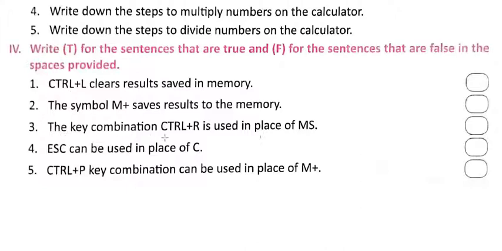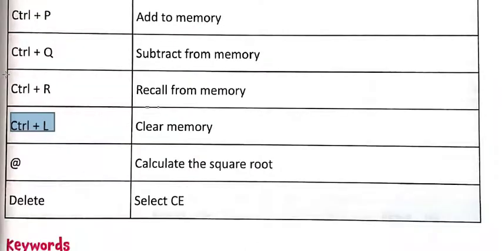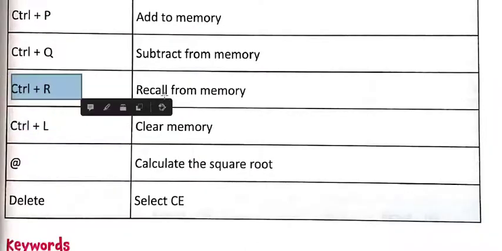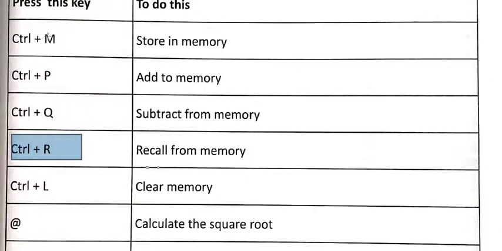Next, question number 3. The key combination Control plus R is used in place of MS. Again we will go to page number 45 of the book. Control plus R shortcut key recalls the number from memory. Means it does the work of MR button, not MS button.